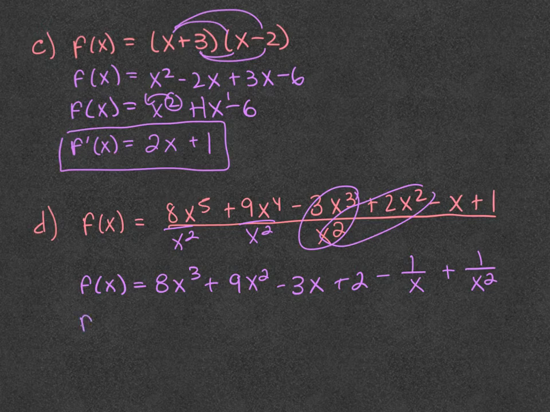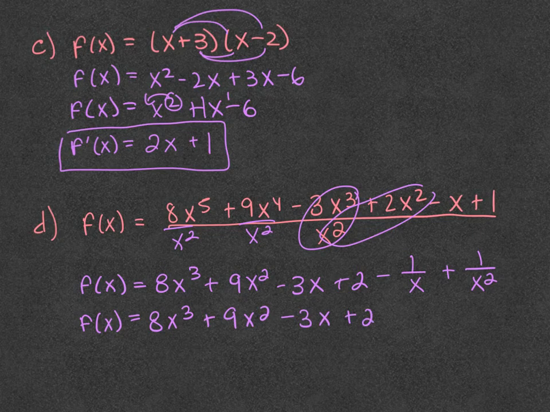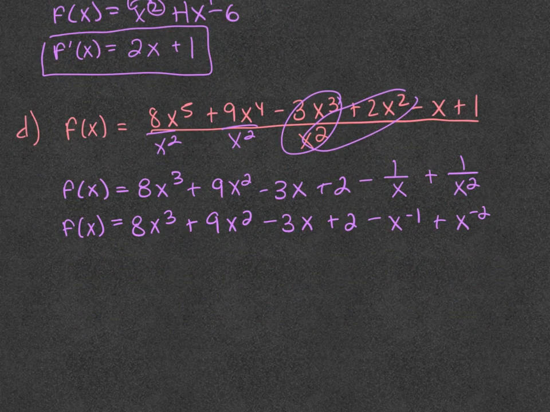If you were paying attention in the last video, we also learned a hint that if you have fractions, then we can just put those to negative exponents. So this would be x to the -1, and this would be x to the -2. And now everything's ready to go to take a derivative.